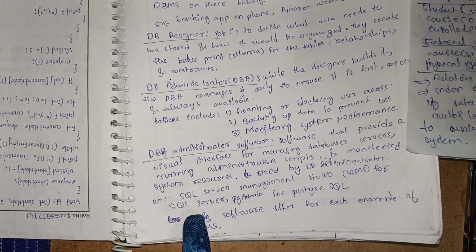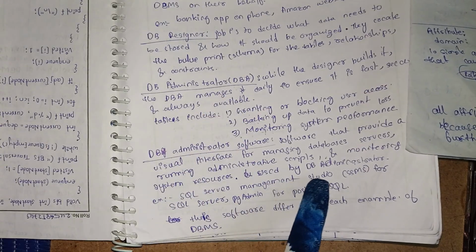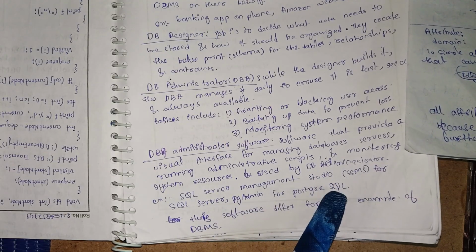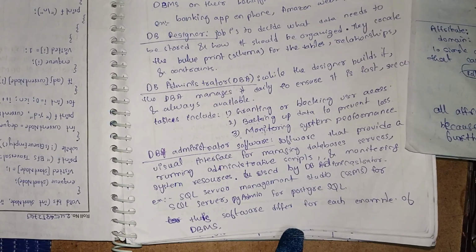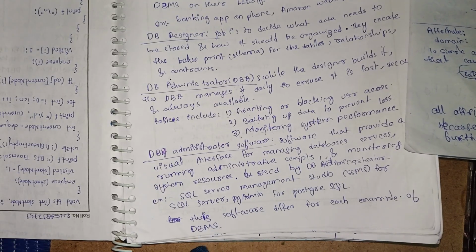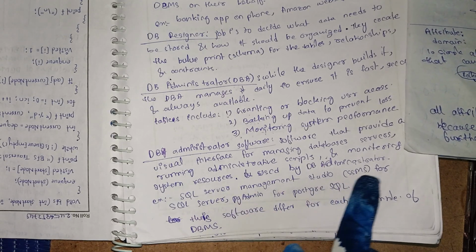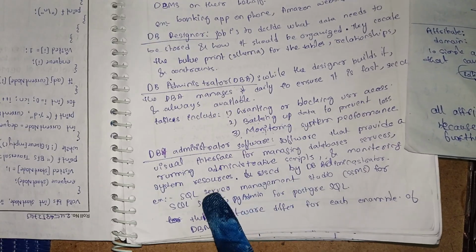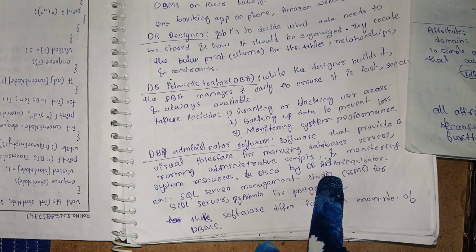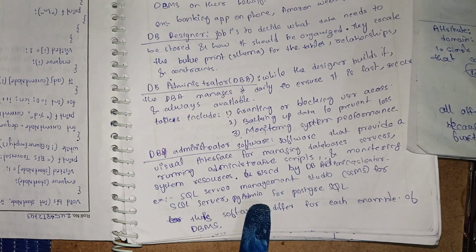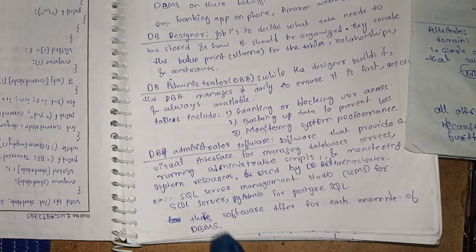For example, SQL Server Management Studio, SSMS, for SQL Server, and pgAdmin for PostgreSQL. So this software differs for each DBMS. Here the DBMS examples are SQL Server and PostgreSQL. For those, it needs SQL Server Management Studio and pgAdmin software respectively.